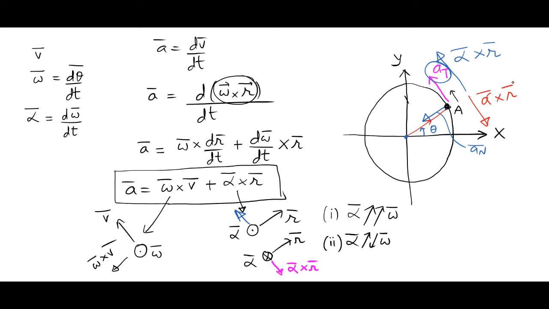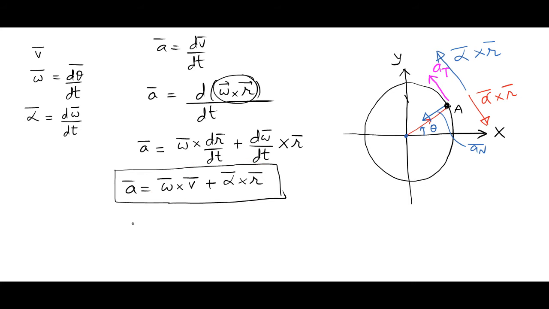So it's clear that this must correspond to a tangential bar, and on the other hand this must correspond to a normal bar, or the centripetal acceleration.